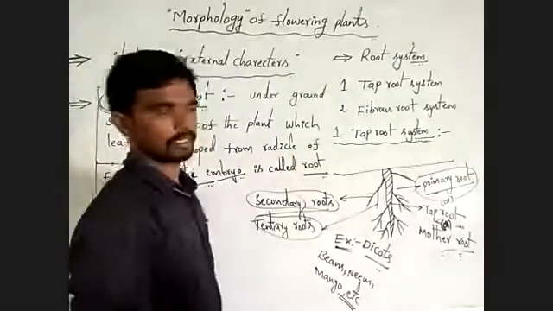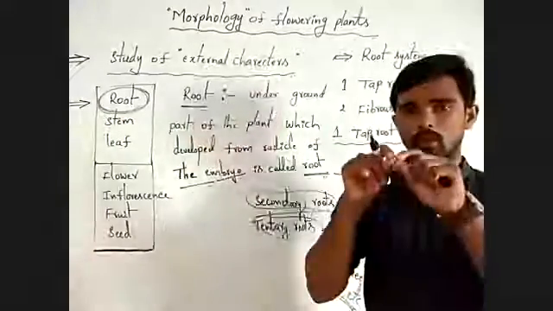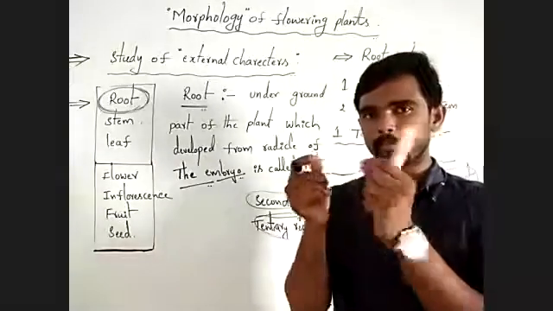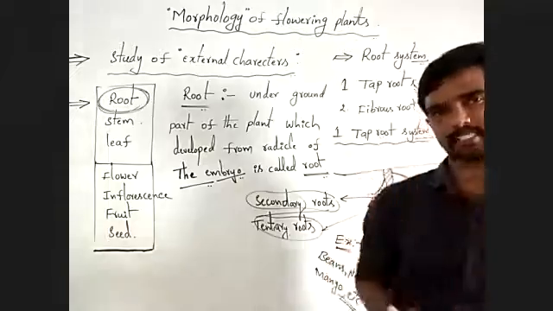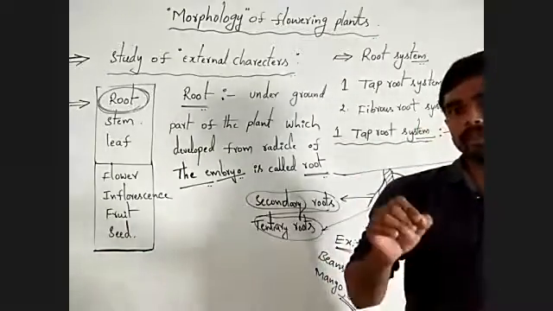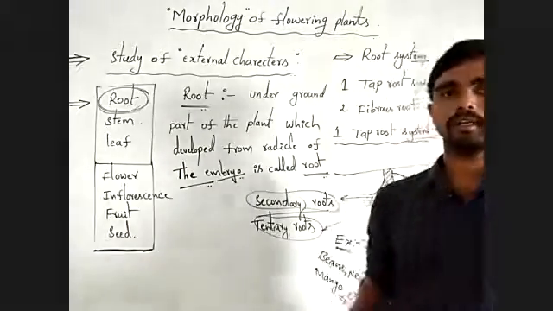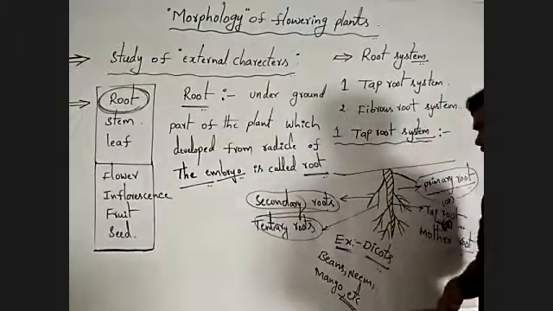Dicot means we can separate the two cotyledons easily from a seed. Those types of plants are called dicots.